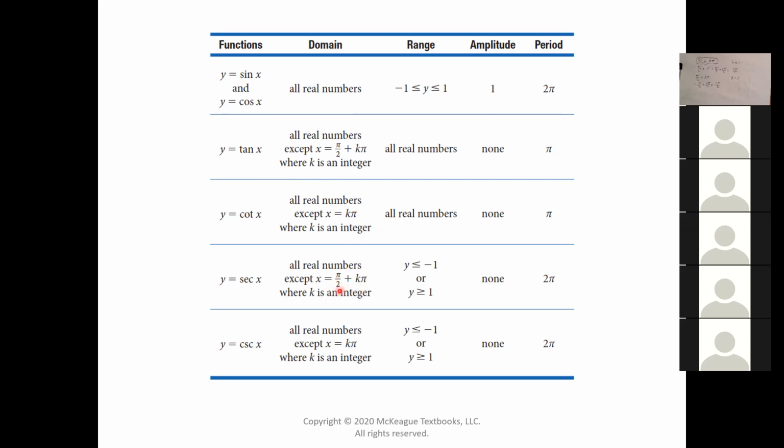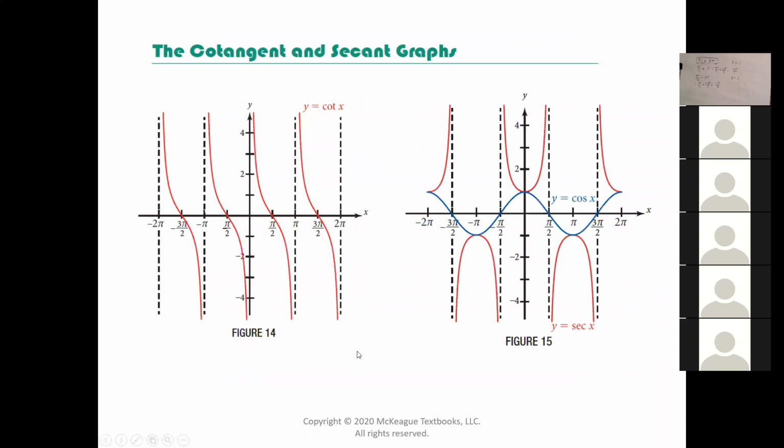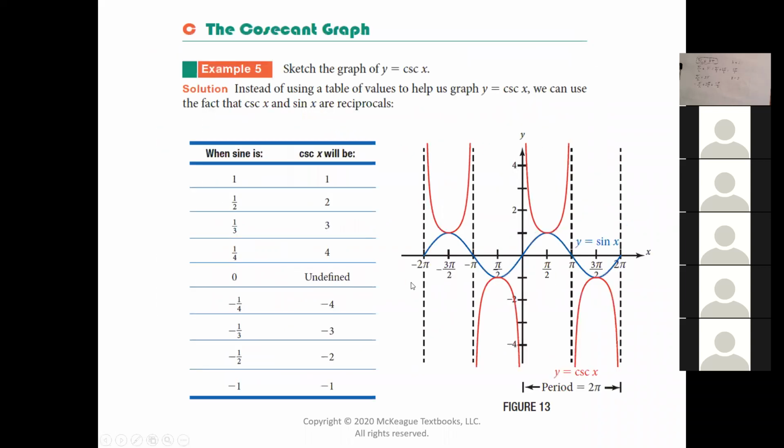Except odd multiples of pi halves. The domain of the cosecant function is all real numbers except multiples of pi, right? Here's the cosecant function. Notice the cosecant function is not defined for any multiple of pi: 0 pi, 1 pi, 2 pi, 3 pi, 4 pi, 5 pi, 6 pi, all right?